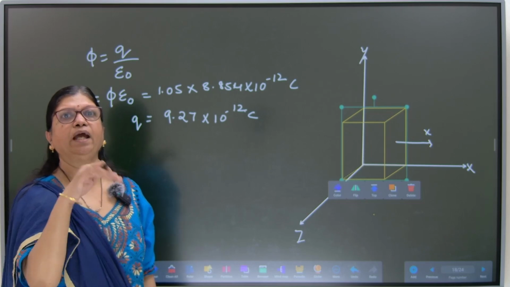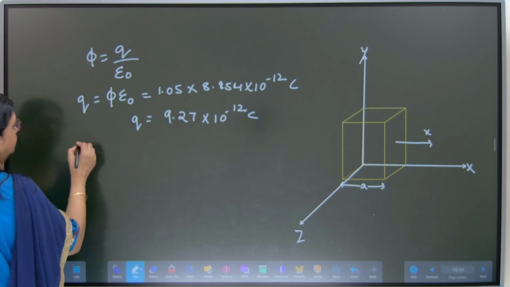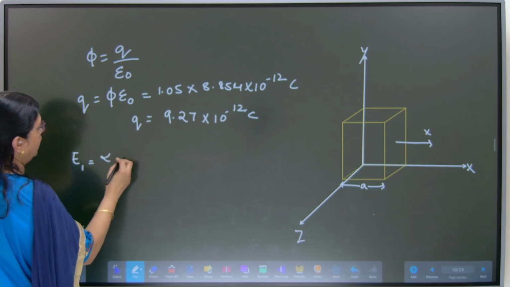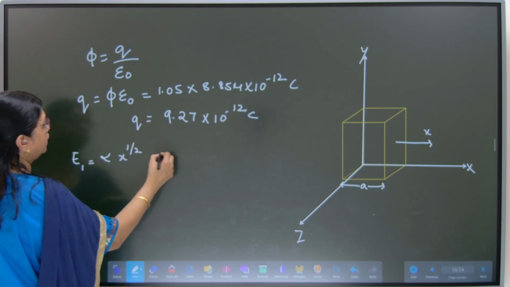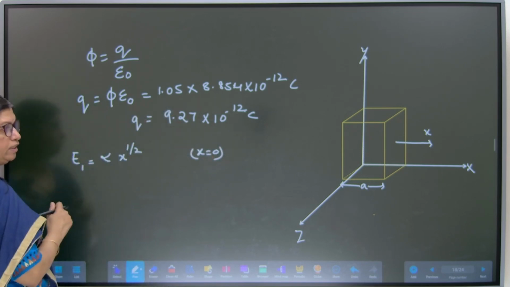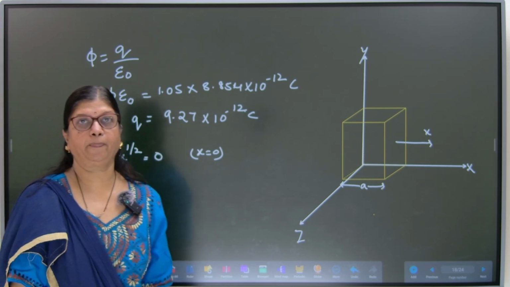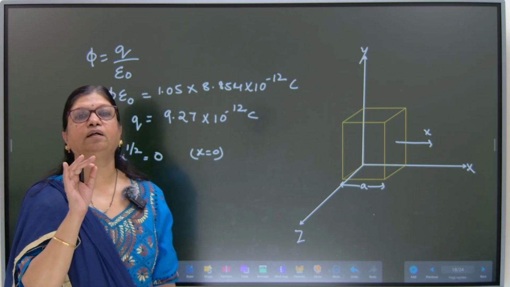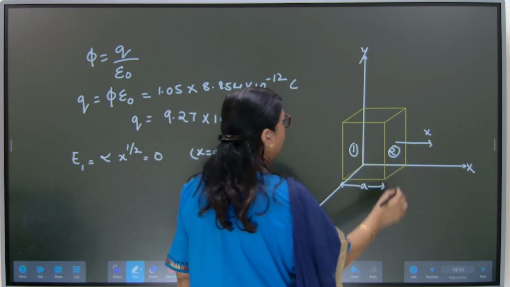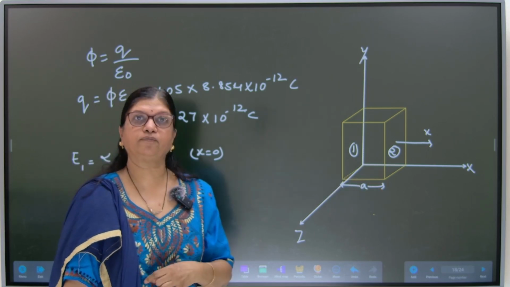Everything will be the same except that when we write E1 is equal to alpha x raised to half, here we have to substitute x is equal to 0, because it is on the origin. So this answer becomes 0. E1 is not there, so the flux will be only through one of the surfaces, that is surface 2. Through surface 1, the distance x is 0, so the flux will be only through surface 2.